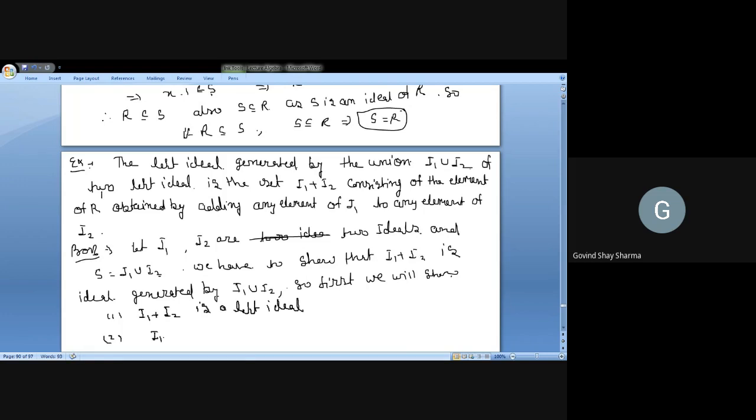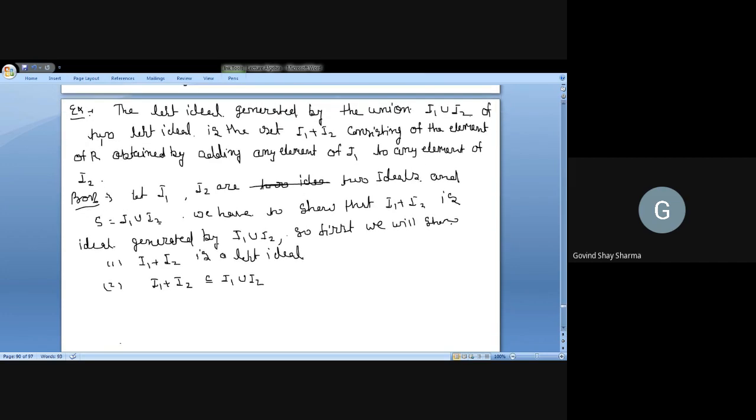Second, I1 plus I2 contains I1 union I2. Third, if any left ideal contains I1 union I2, then it contains I1 plus I2. These are the three parts we have to show to prove I1 plus I2 is the ideal.